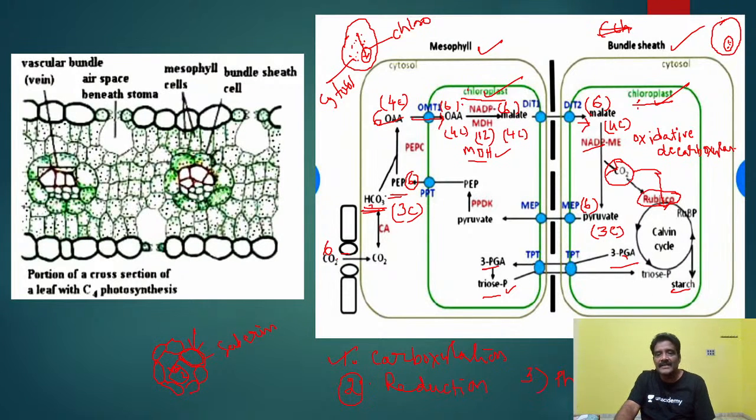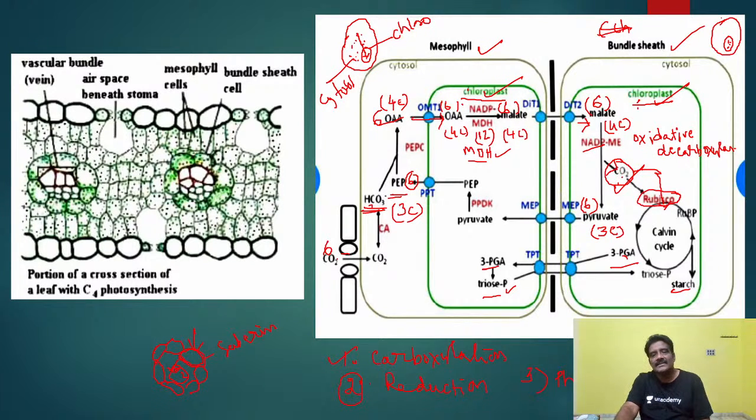So additionally, carbon dioxide is released here. Am I correct or not? The carbon dioxide concentration is increased here. Photorespiration is a process that happens only when carbon dioxide concentration decreases and oxygen concentration increases. But there is no question of increasing the oxygen concentration here.